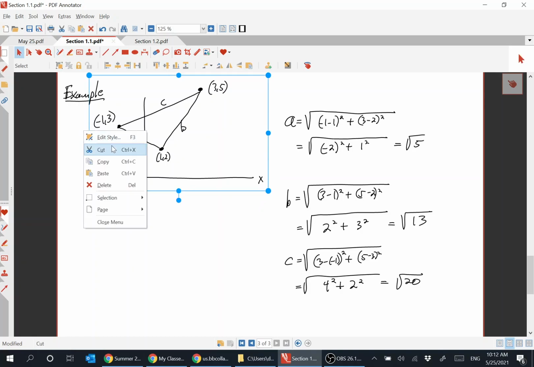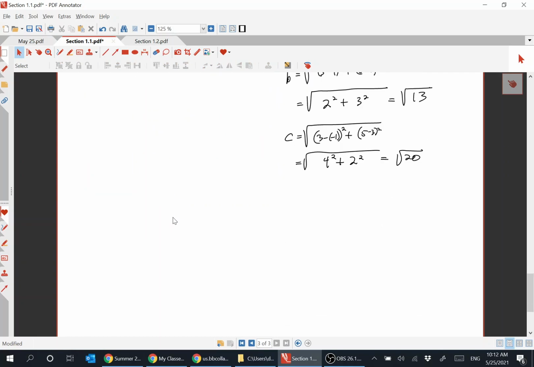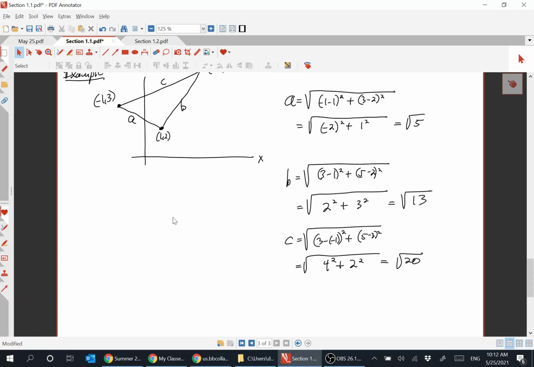Is that how you want the final answers, or do we solve that final square root? Well, why would you? So square root of 5, you stick it in your calculator and you get some number. Unless you're going to do something with that number, it's not necessary. Like, this is an exact answer, right? When I say square root of 5, that number, when you square it, is 5.